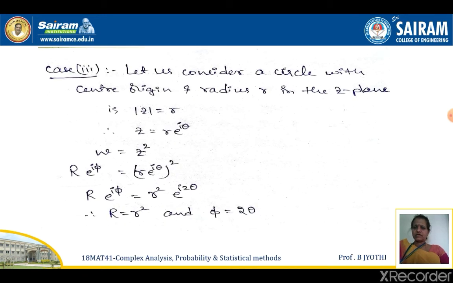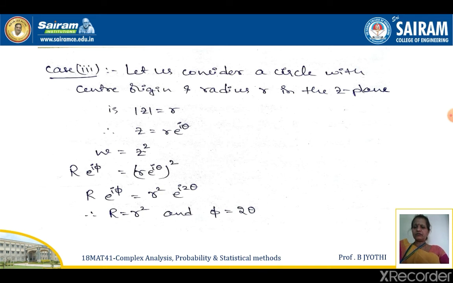Now let us consider a circle with center as origin and radius r in the z-plane. That is, mod z is equal to r. Therefore, z equals r into e power i theta.